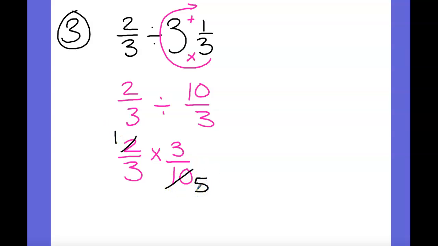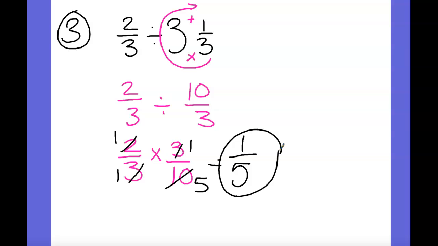Anywhere else? The 3s become 1s. 1 times 1, 1. 1 times 5, 5. So 1/5.